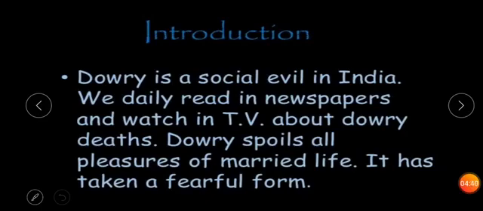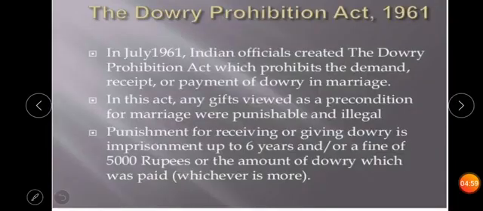And even in present times, dowry related crimes continue to be reported. So by seeing such a kind of offense in the society, one act is introduced under the laws, that is Dowry Prohibition Act 1961. So what is the 1961 Dowry Prohibition Act?